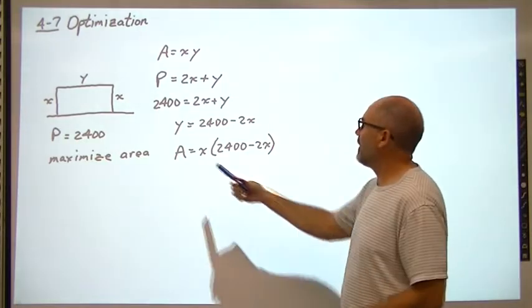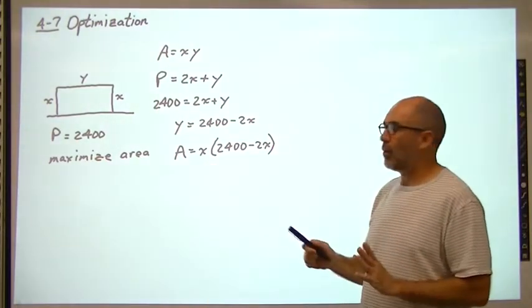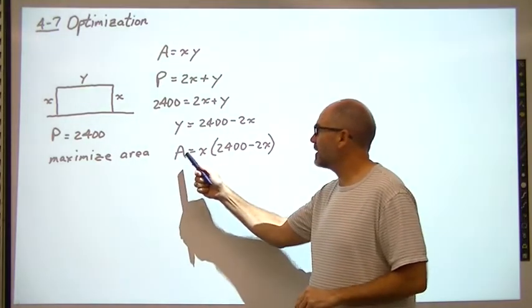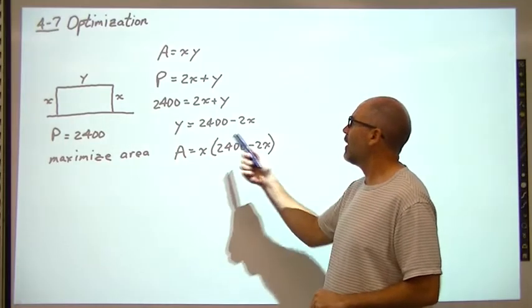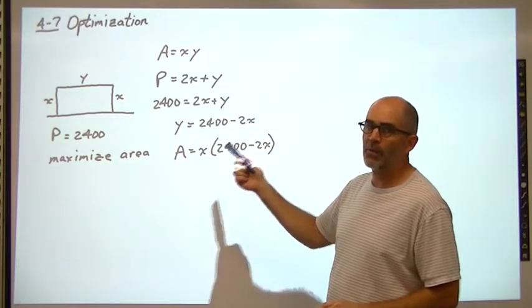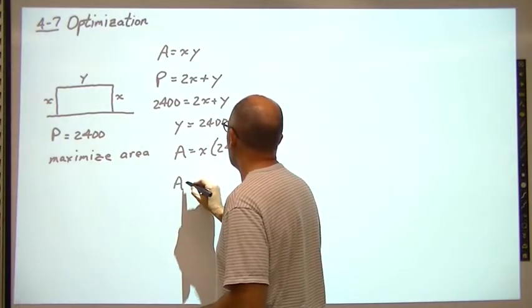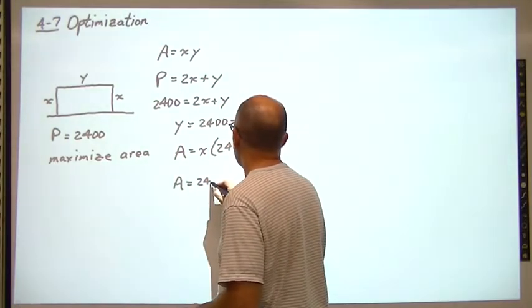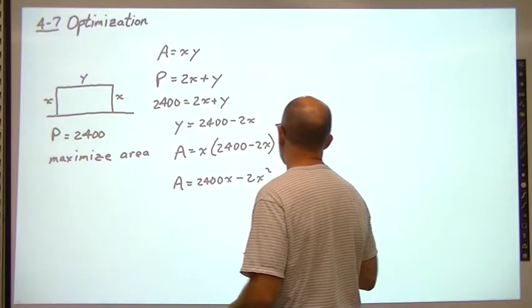So now I have area in terms of nothing but x. So if I want to get the maximum area, then all I do is take the derivative of this thing. Now, I don't want to take the derivative of a product, so I'd rather distribute the x and just say, okay, area equals 2400x minus 2x squared.